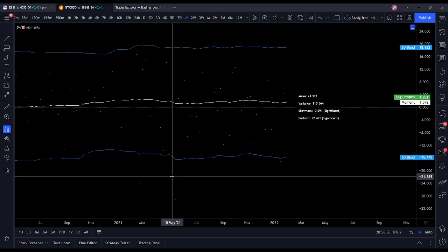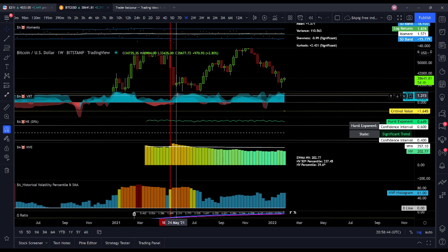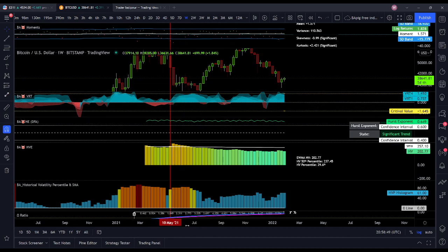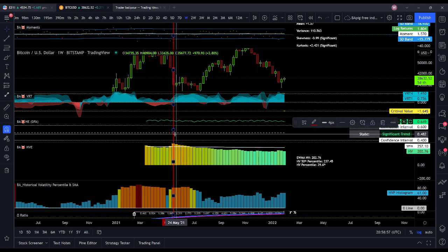Doesn't mean that the extreme can't continue, like right here and right here. So if you bet that Bitcoin's returns were going to go positive there, well, guess what? There was another 25%. But you could also look at historical volatility and things along those lines to see if there was room for expansion, and clearly there was room for expansion there.